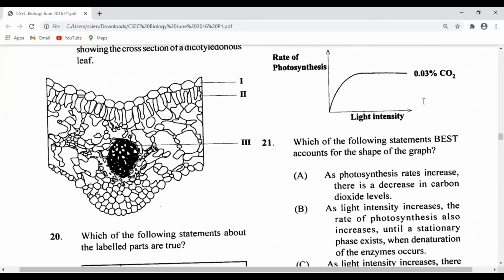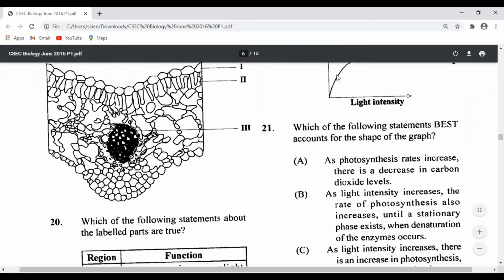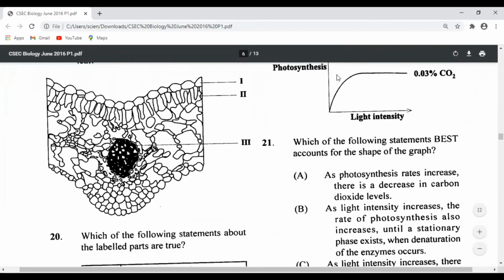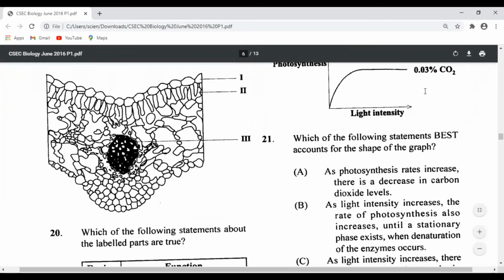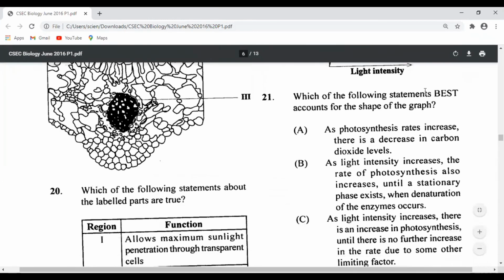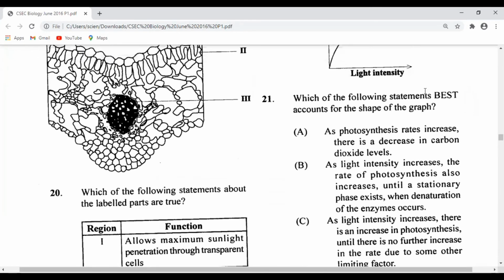B. As light intensity increases, the rate of photosynthesis also increases. So as light intensity increases, rate of photosynthesis increases, yes, until a stationary phase exists when denaturation occurs. Okay, we have stationary phase. And then C, as the light intensity increases, there is an increase in photosynthesis until there is no further increase in the rate due to some other limiting factors.